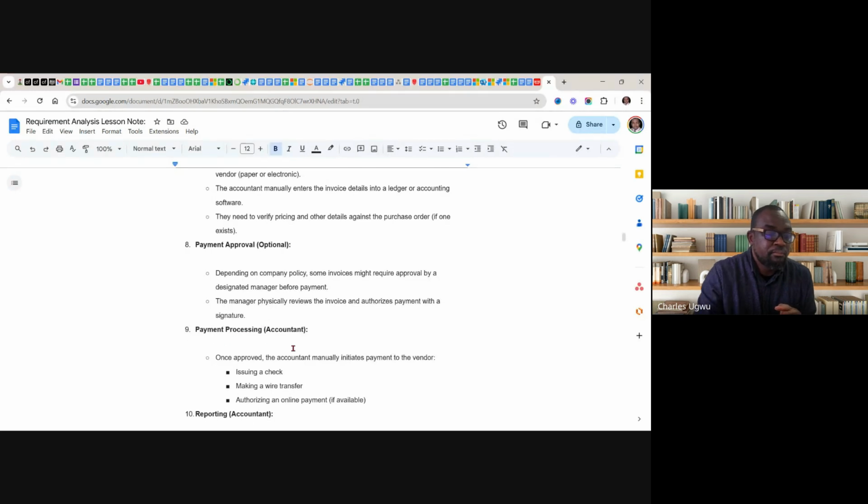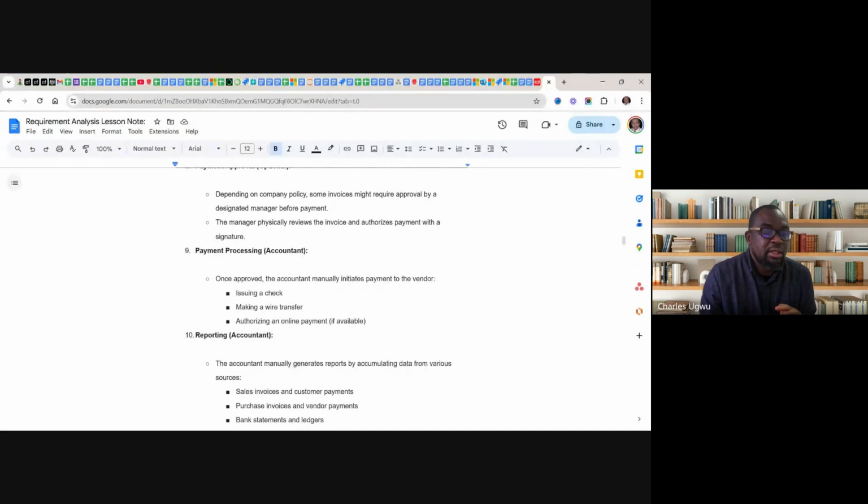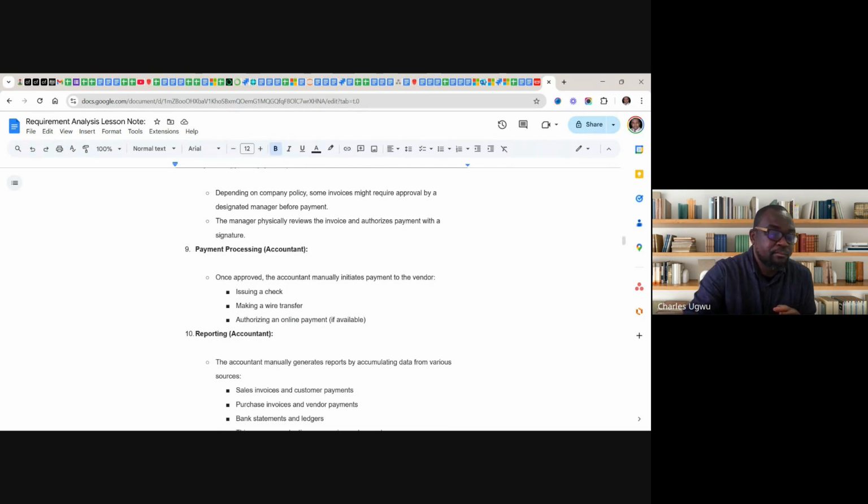Payment processing. The accountant, upon approval, manually initiates payments to the vendor, issuing a check, making a wire transfer, or authorizing an online payment. And the reporting.